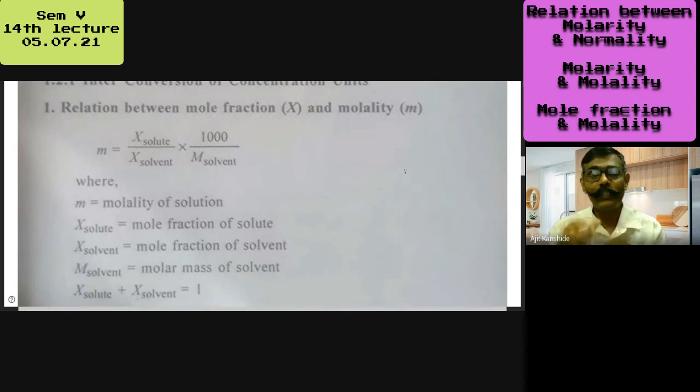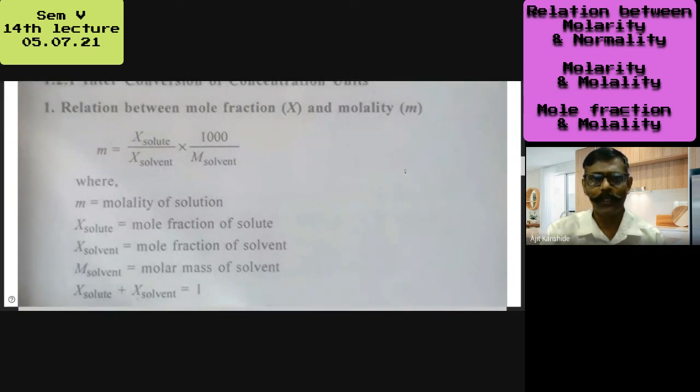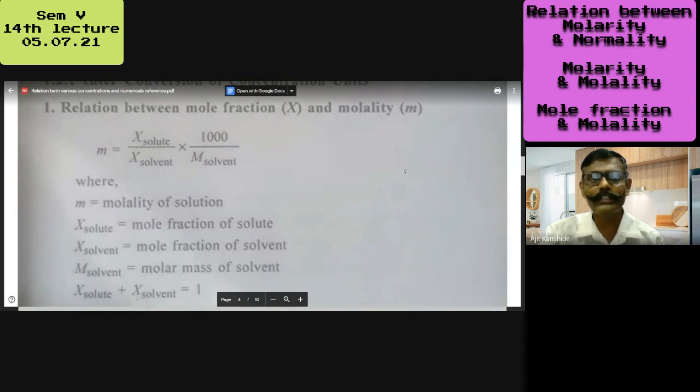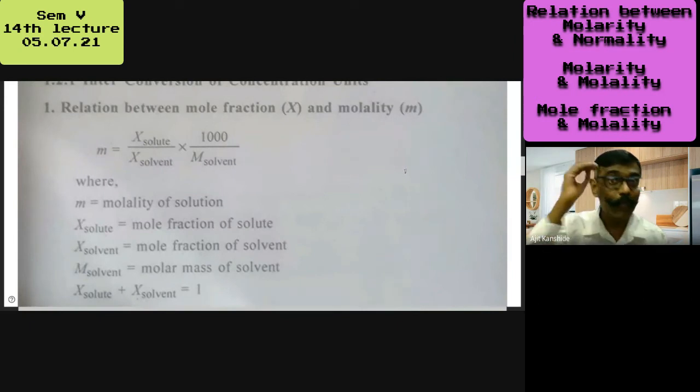Now I do one thing. I take the ratio of them, x1 upon x2, x of solute upon x of solvent. When I take the ratio, what will be left? For the mole fraction of solute, the numerator will be left. What is the numerator while finding the mole fraction?